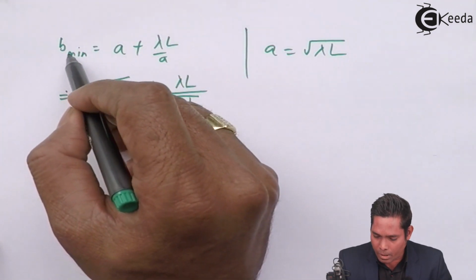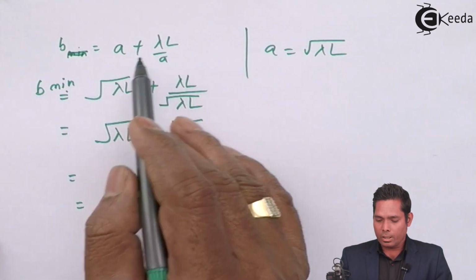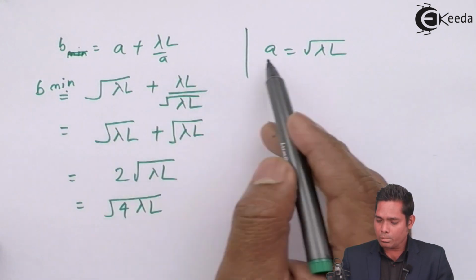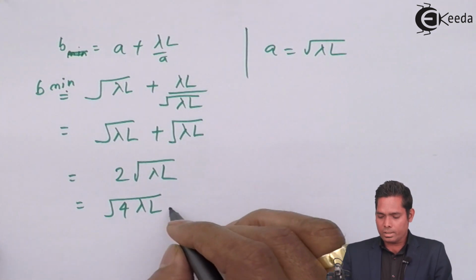This is the B value and this is the B minimum value, because when I substitute, this becomes minimum. So this is the answer.